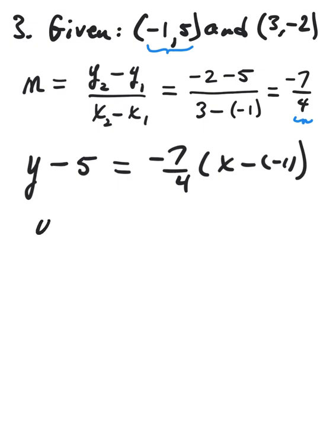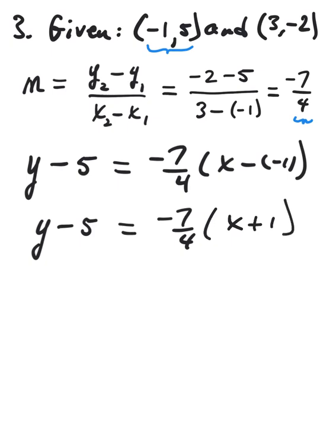Distributing negative 7/4, we get y minus 5 equals negative 7/4. Well, we're going to distribute on the next step. I'm going to go ahead and clean these two negatives up. Write that as x plus 1. Now we're going to distribute the negative 7/4. So that gives us y minus 5 equals negative 7/4 x minus 7/4.